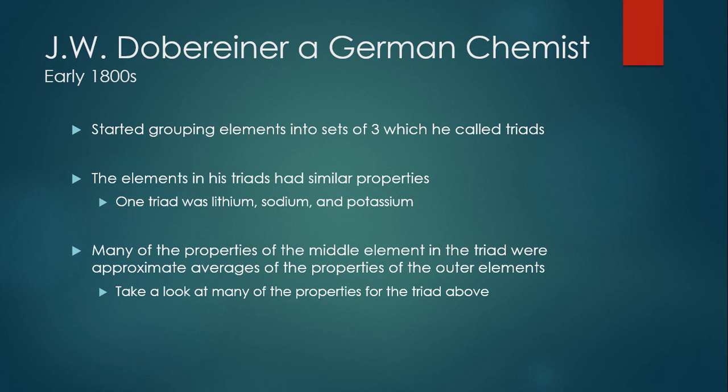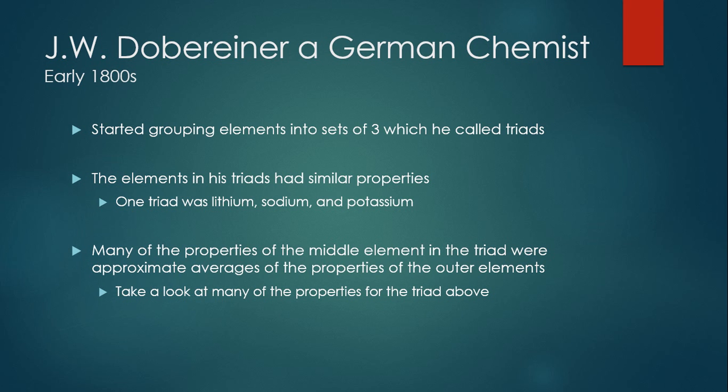What he'd do is he'd take three elements that had pretty similar properties and organize them in order of, actually, I don't know the order he used, but he organized them so that the middle element had properties that were about the average of the first and last. So many of the properties of the middle element were pretty much approximate averages.